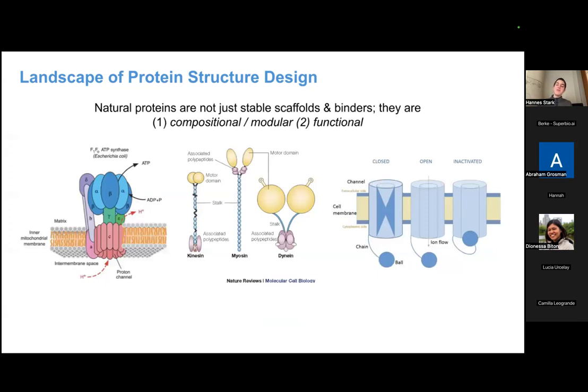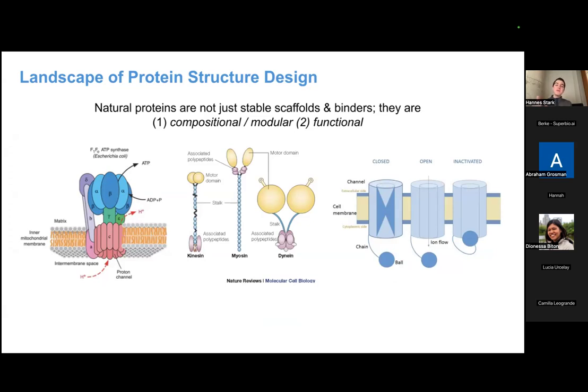And now we argue that for proteins, it would be very interesting and useful if we could have similar levels of control.